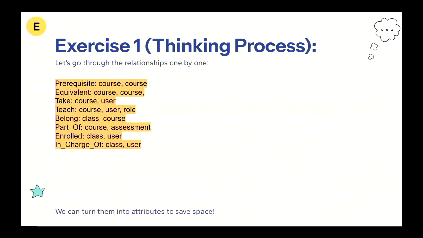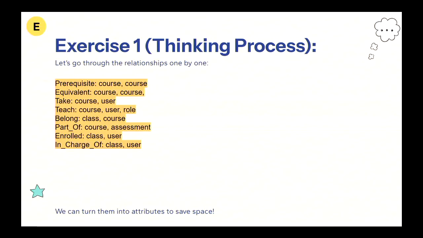Actually, also no, because a course can be taken by many students, and a student can take many courses. So this is also a many-to-many relation. And the same goes for teach. A course can be taught by many different people, and a lecturer or a tutor can be teaching many courses.